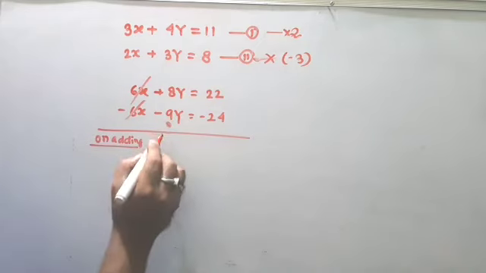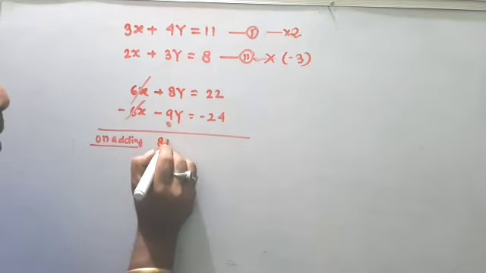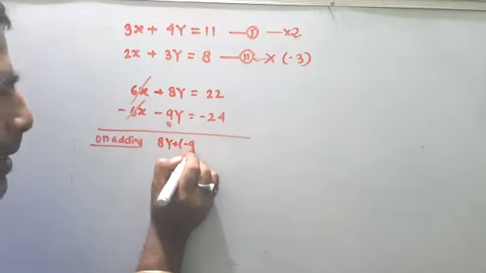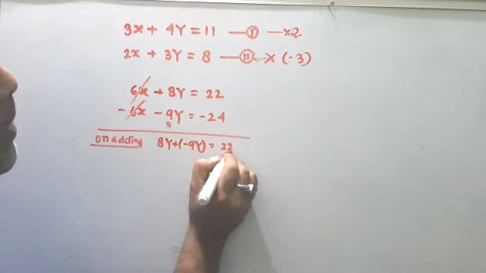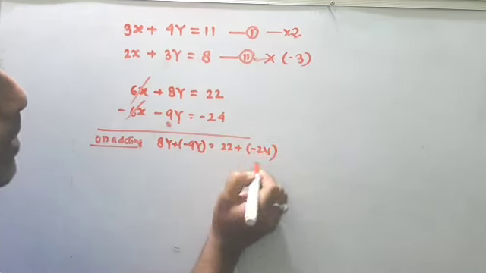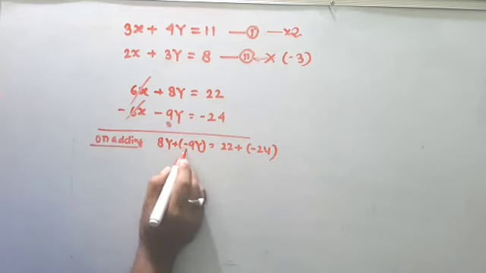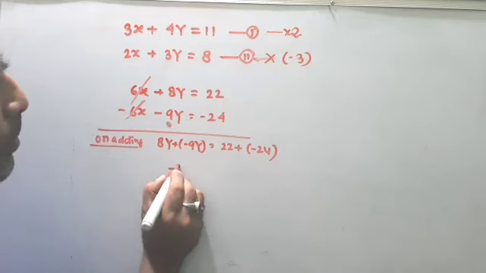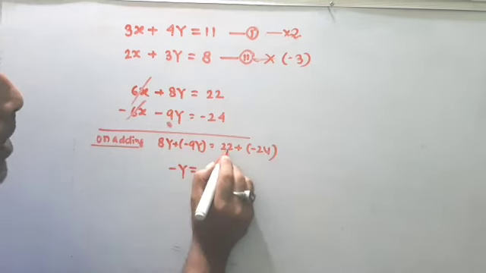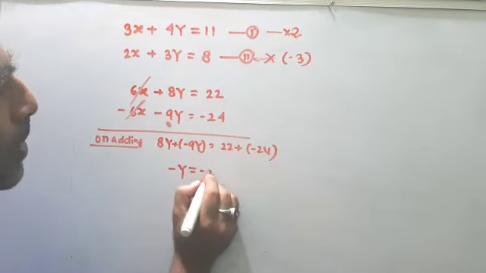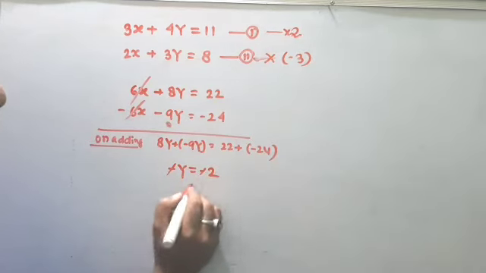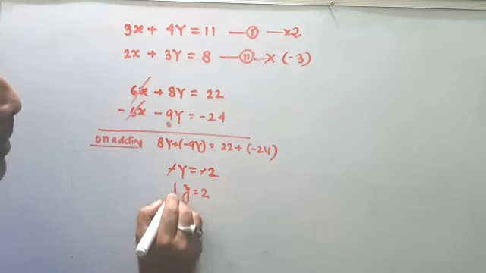Here when you add, 8y plus minus 9y is equal to 22 plus minus 24. So 8 minus 9y is minus y, and 22 minus 24 is minus 2. Here minus minus cancel, so y is equal to 2.